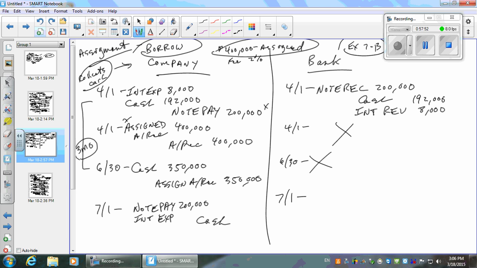What was the interest rate? 2% finance charge, plus interest at 10%. But it's only for 3 months. So what, 2.5% worth of a year? 10 divided by 2 is 5, divided by 2. 10 divided by 4. Yeah, okay, it's 3 months, right?